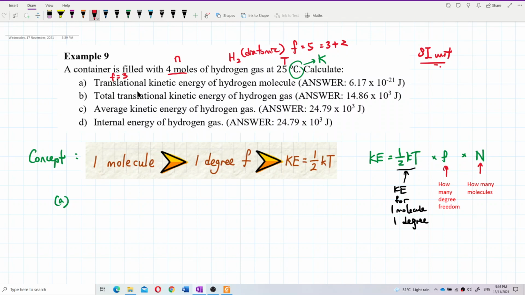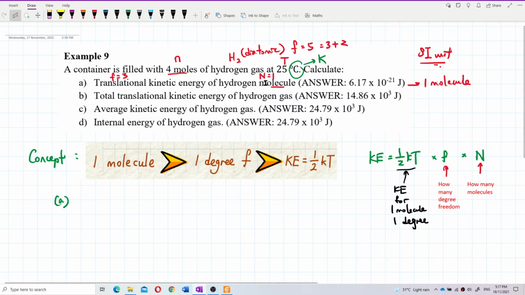And then translational kinetic energy of hydrogen molecule. It's not hydrogen gas, it's hydrogen molecule only. Molecule means only 1 molecule, n equal to 1. Be careful with the wording.